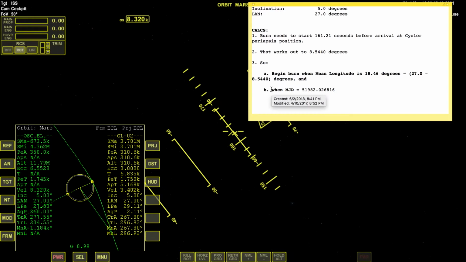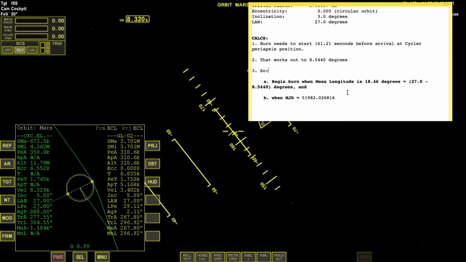And we need to set things up so that it gets there at a very particular time, which is MJD 51982.026816, which comes from some fairly elementary calculations of circular orbits.